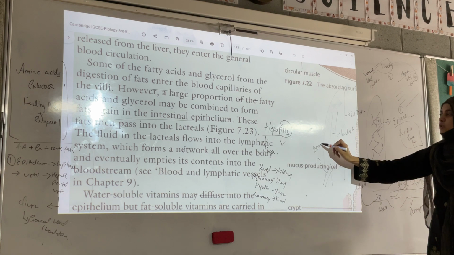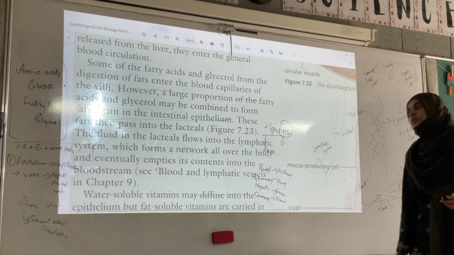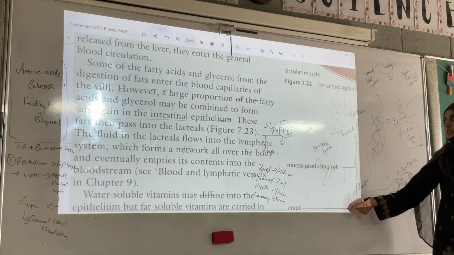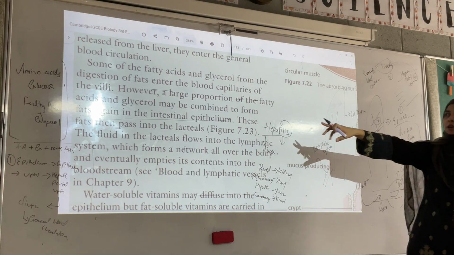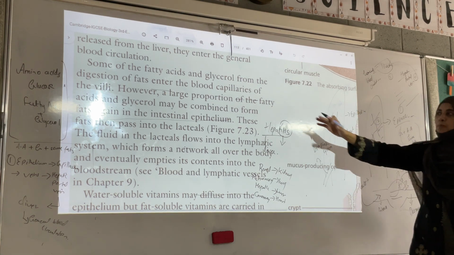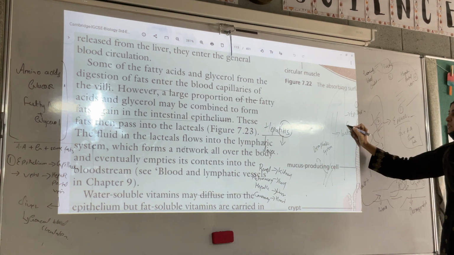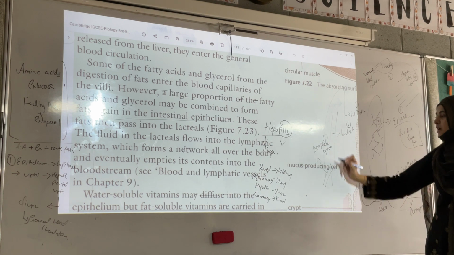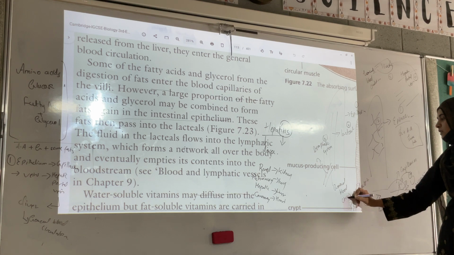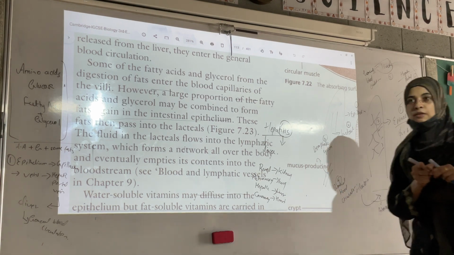From the lacteal, they go down the lymphatic system, and from the lymphatic system, they enter the general blood circulation. Get it? For most of the fats, some fats follow the other way, but most of the fats, already broken down, combine back again to form fats, then go into the epithelium first, then the lacteal, then the lymphatic system, and last, general blood circulation. Is this clear? So this is the pathway for most of the fats.